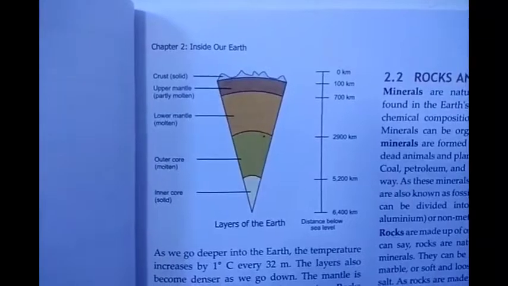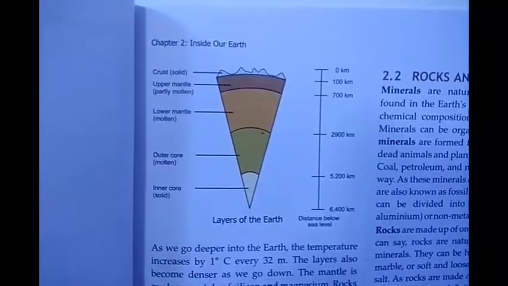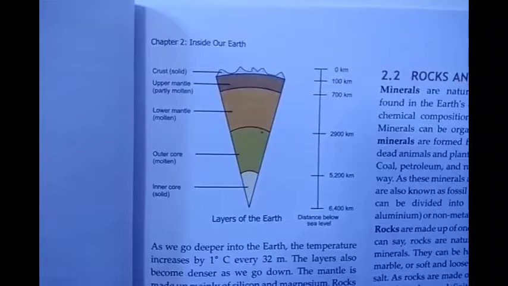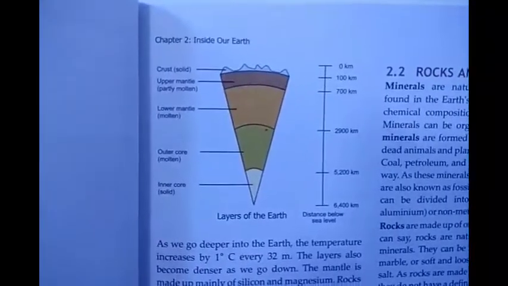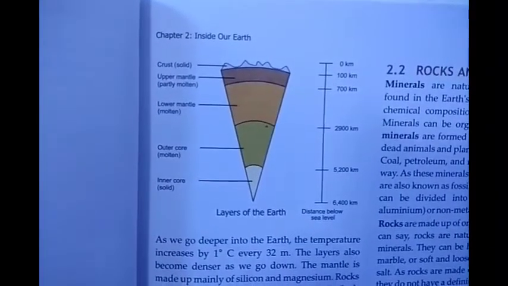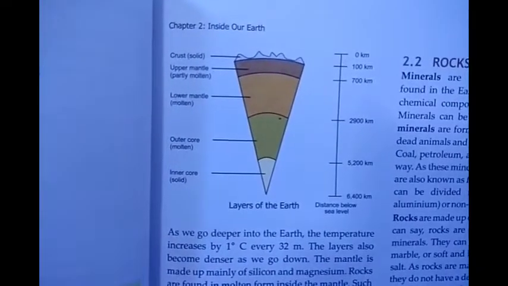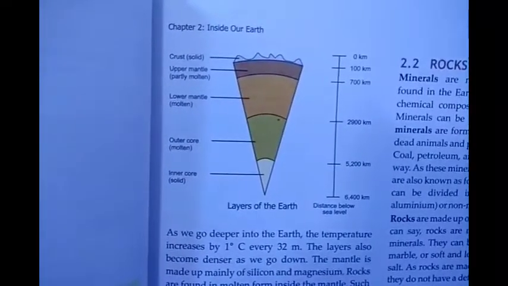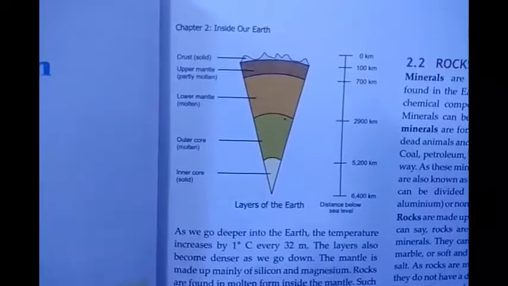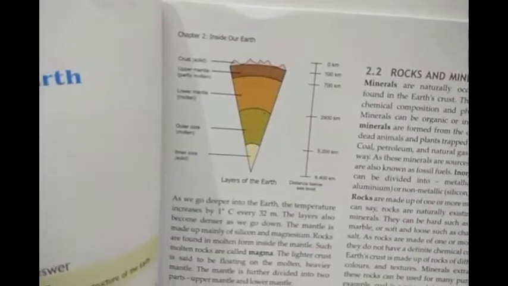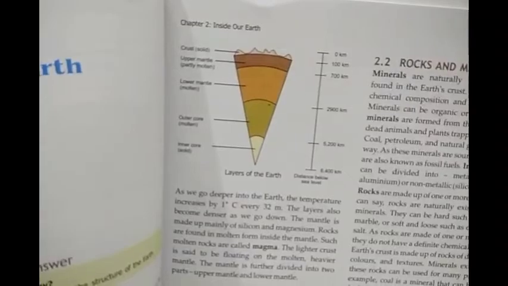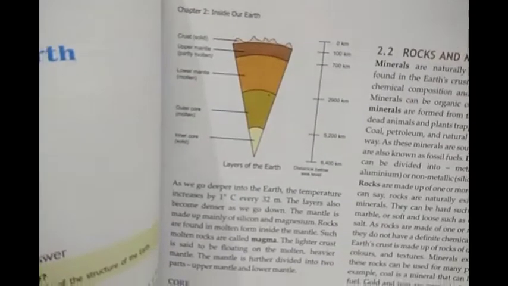Now upper mantle is partly molten and lower mantle is completely molten. And then we have the last layer, that is the core, and even core is divided into two parts, outer core and inner core. Outer core is in the molten state and inner core is in the solid state. So these are the different concentric layers of the earth.